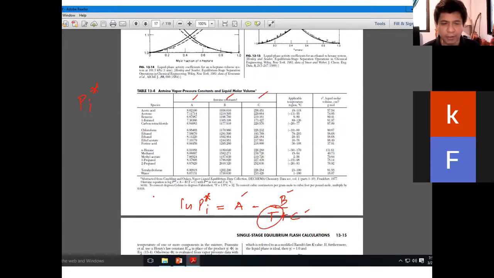So in this particular instance, dapat ang temperature niyo sa handbook ay degrees Celsius. Pakibasa na lang yung nakasulat: T is in degrees Celsius. Tapos yung lalabas na pressure is in torr. Ano nga ang torr? This is the same as millimeter mercury.